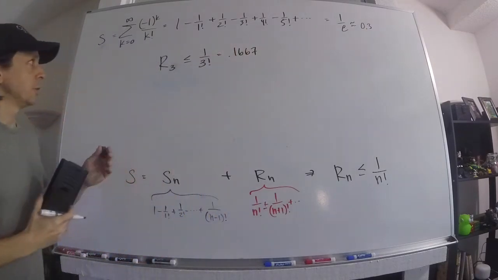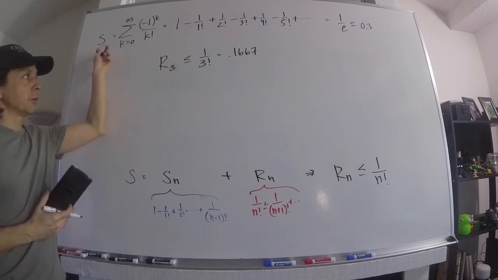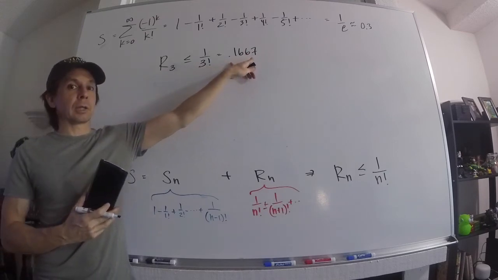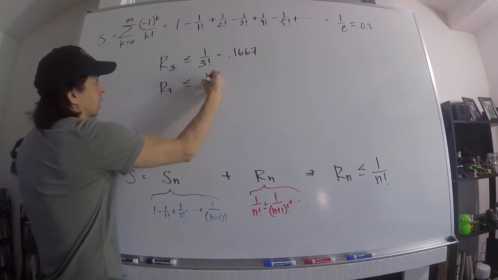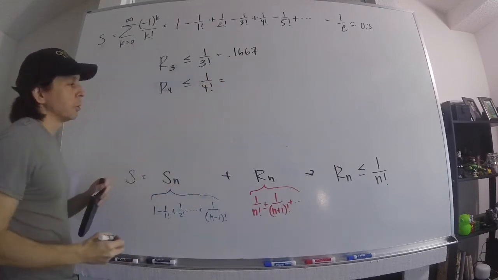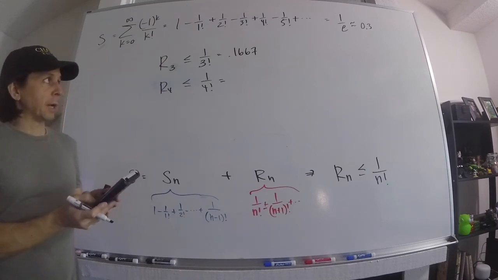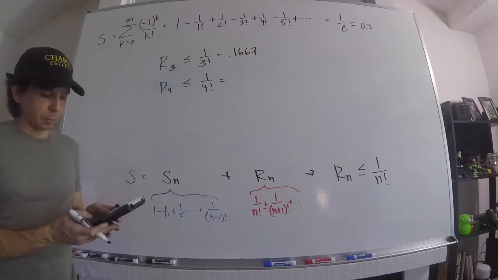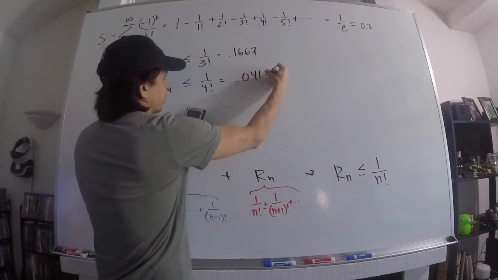So I know if I use S3, the third partial sum, as an approximation for S, it's going to be off by an error that's less than that. Four terms is going to be a better approximation. And I know that when I use that, my error will be less than 0.0417.